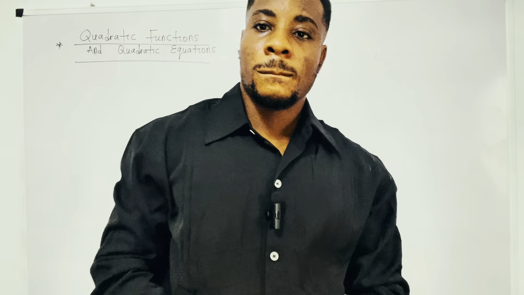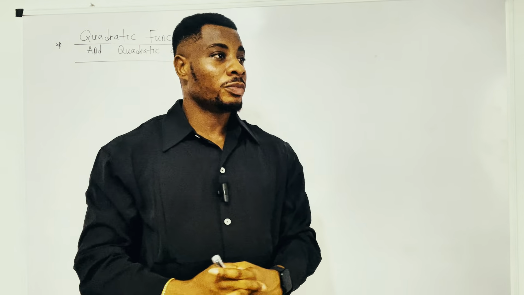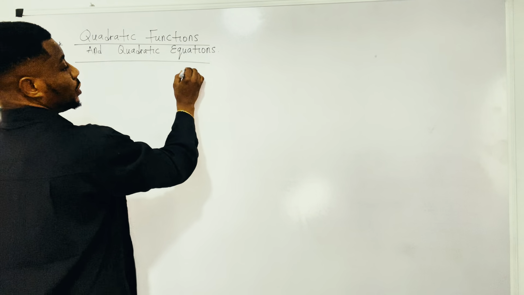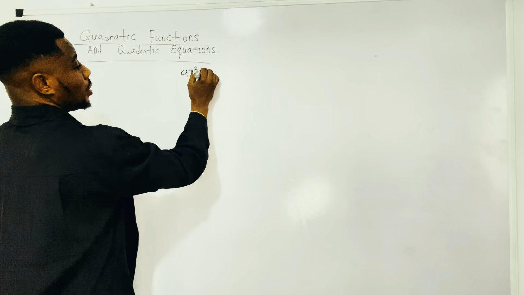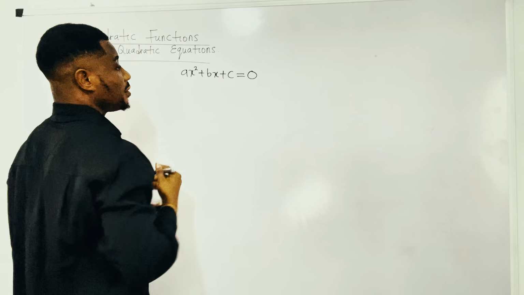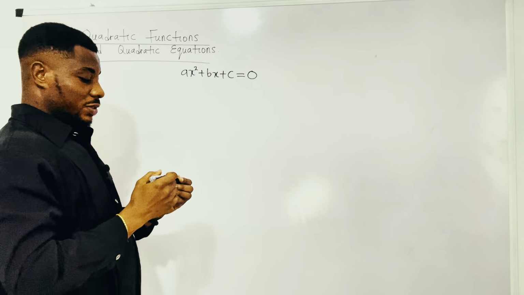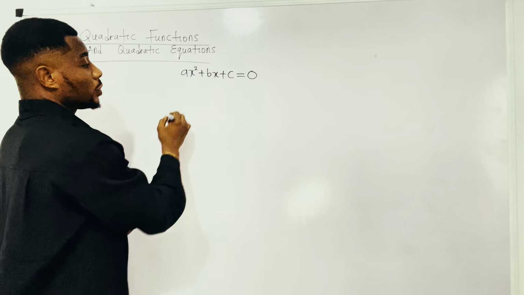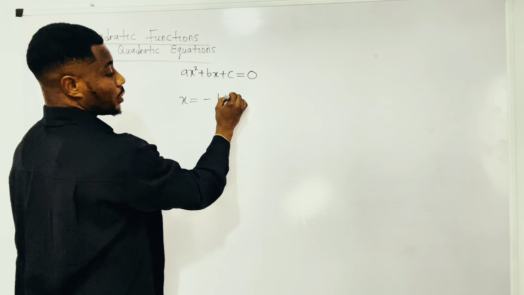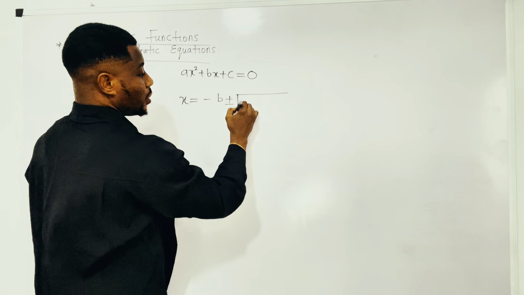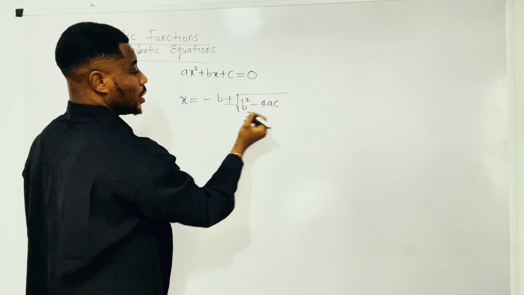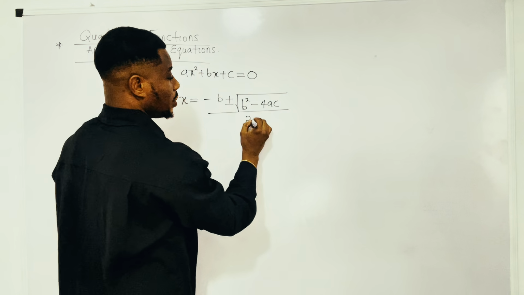Now we have seen that after finding x from the equation ax squared plus bx plus c equals 0, x is going to be minus b plus or minus the square root of b squared minus 4ac, divided by 2a.